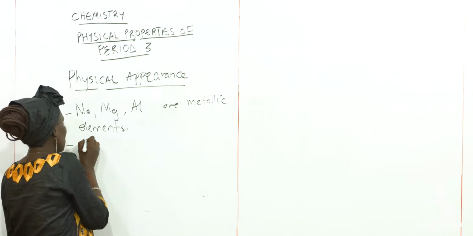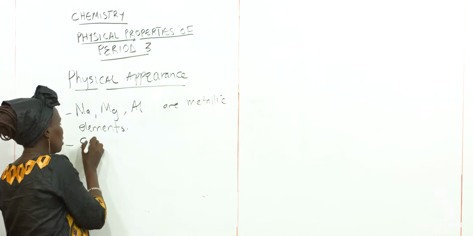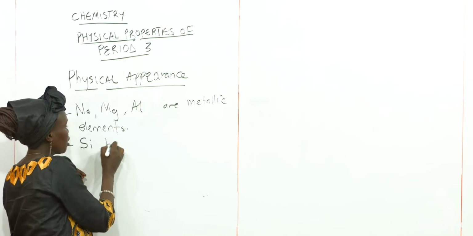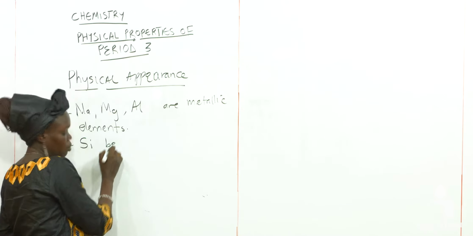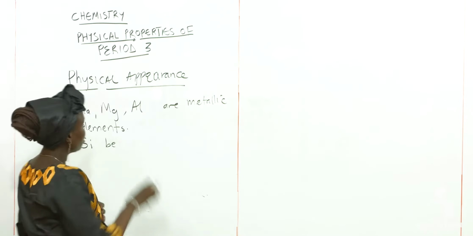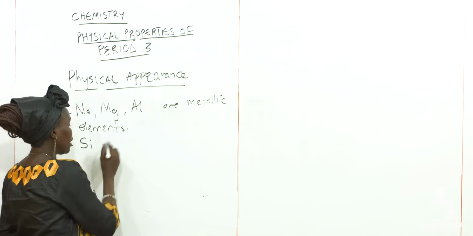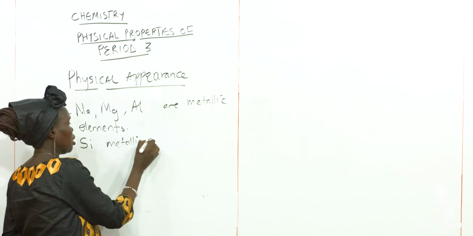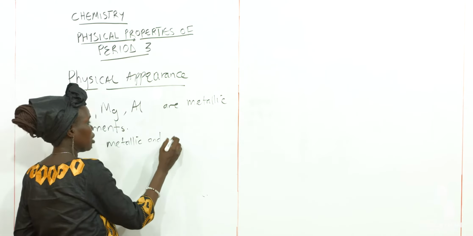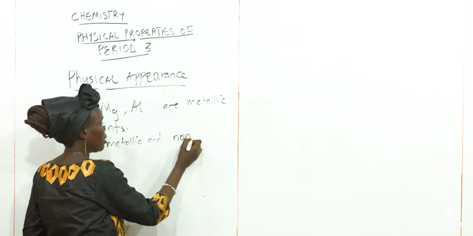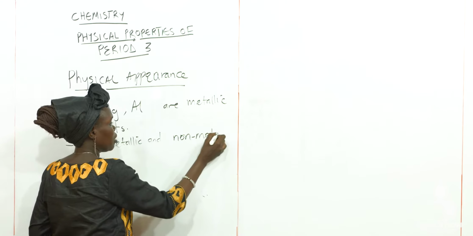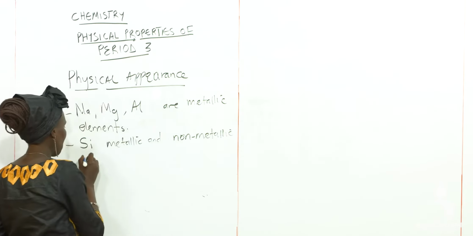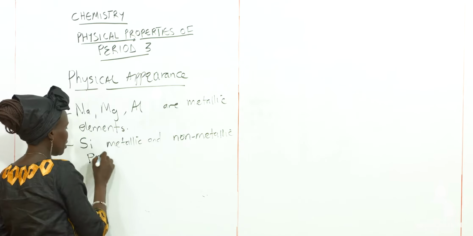Then the one in between is silicon. Silicon behaves as a non-metal and a metal at the same time, so it has metallic and non-metallic properties at the same time.